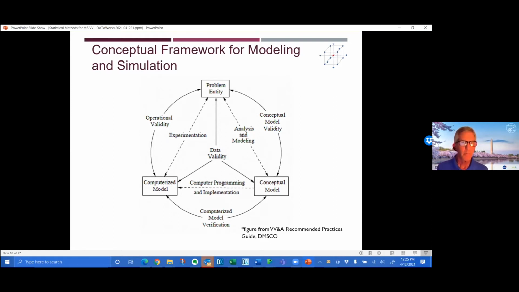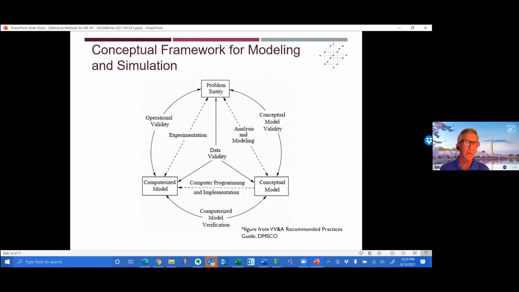But validity is dealing with this triad that you see here between a conceptual model, what we end up with in terms of the computerized model, and what's called the problem entity, which is the live space or the true system under investigation.